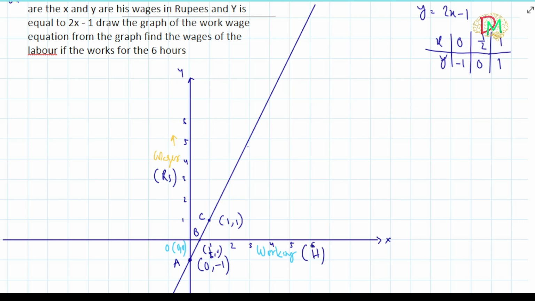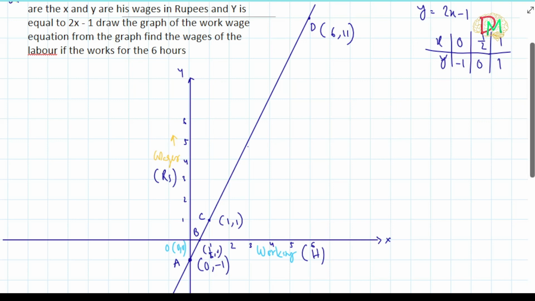We can find it from the graph. Here it is 6, so the hour is 6, and along the y-axis we get 1 2 3 4 5 6 7 8 9 10 11, that is 11. We get this point, that is D, and its coordinate is (6, 11).